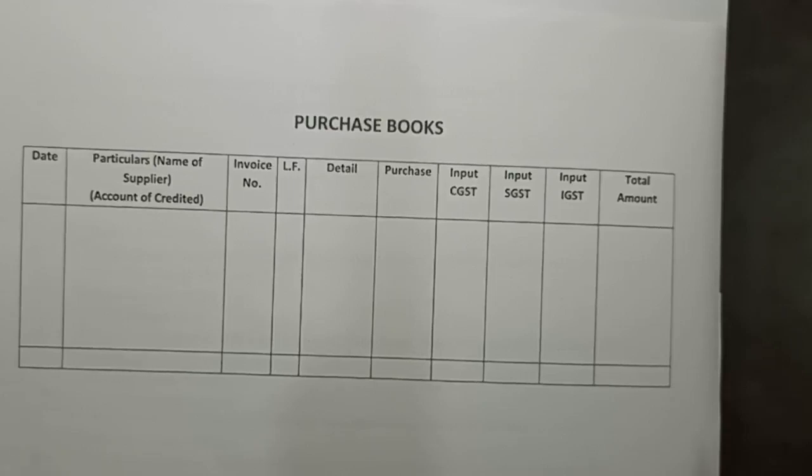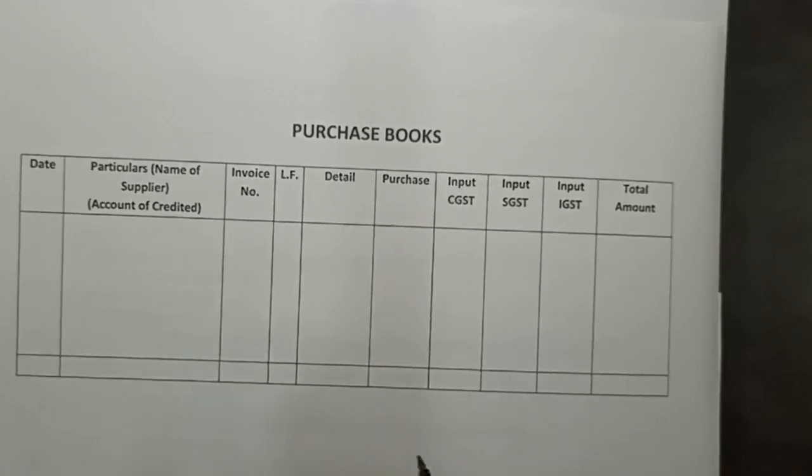So, after recording these transactions in the different subsidiary books, we are going to transfer them to the ledger. The page number of the ledger where the transaction is posted is recorded in this column. So, it will mention the page number.